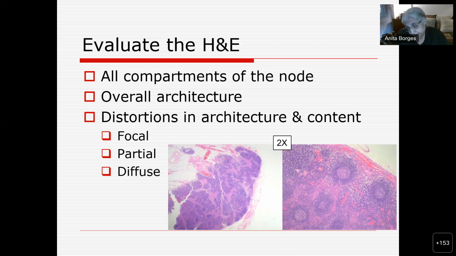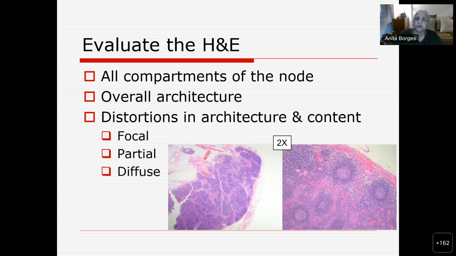And many students, when they first come to lymph node pathology, think of this as like a kidney, which has a cortex, it has a medulla, and something that is special in between, and that is the paracortex.